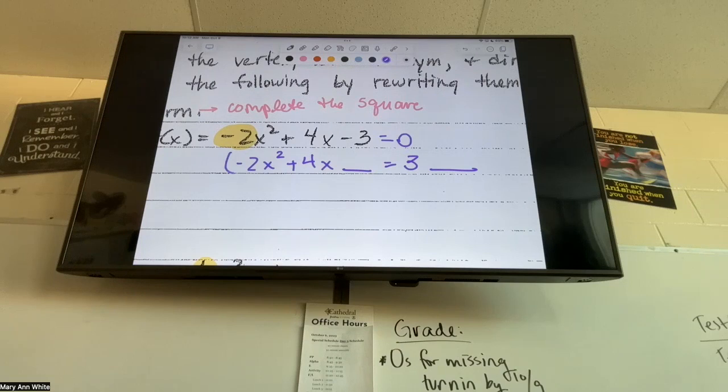Next thing I want to do is factor that common number out of my 2 terms on the left-hand side. So we'll take that -2 out. And we're going to be left with x squared. And when I divide 4x by -2, I get -2x, and then I get that blank. Everybody okay with what we're doing so far?